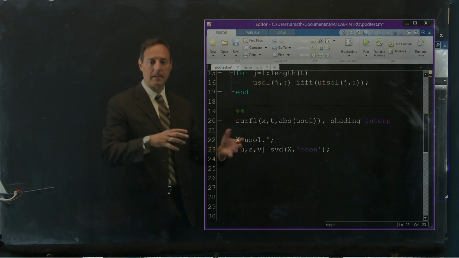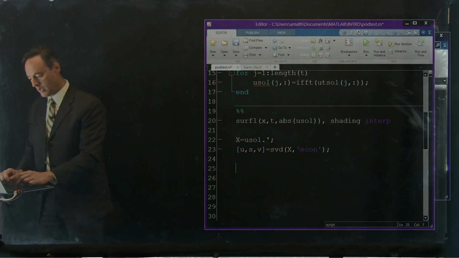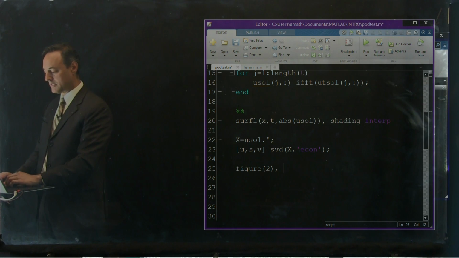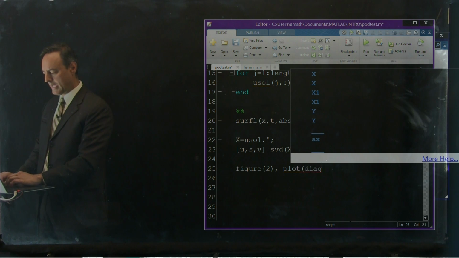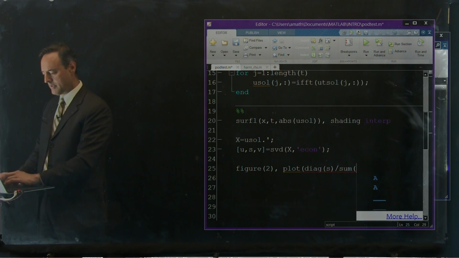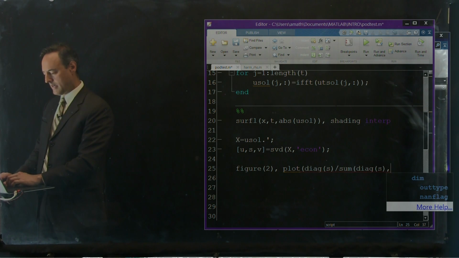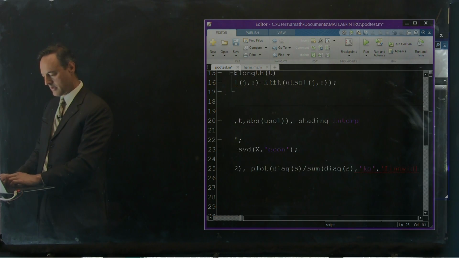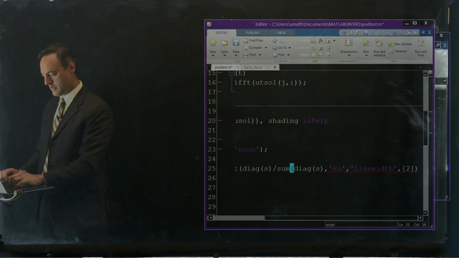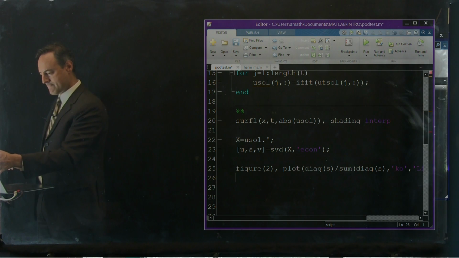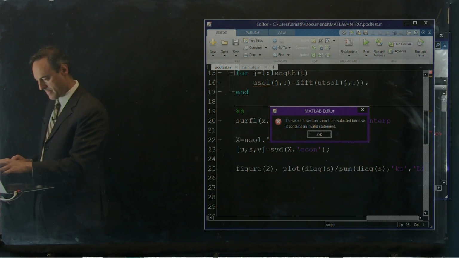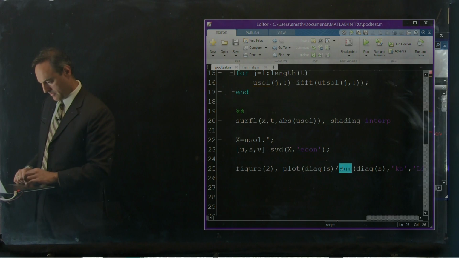So that's going to take this thing, decompose it, and the first thing we want to look at, of course, is the singular values. So what we want to do is plot diag of S divided by the sum of diag of S, and plot those with big circles, line width 2, and that should do it for us. Oh, let's see here.